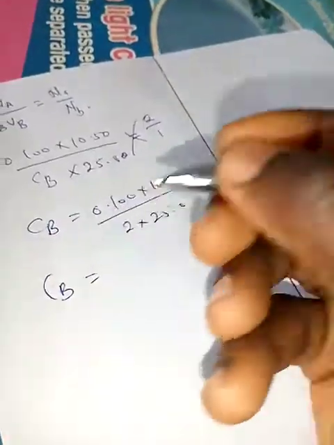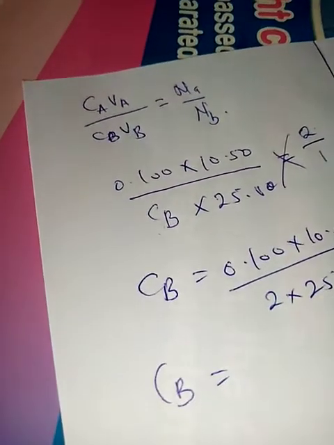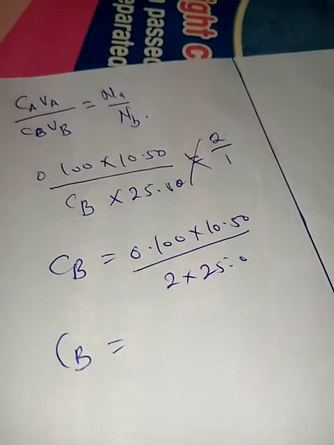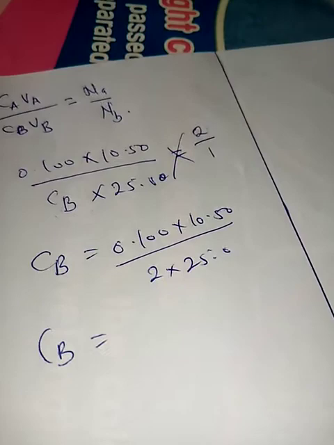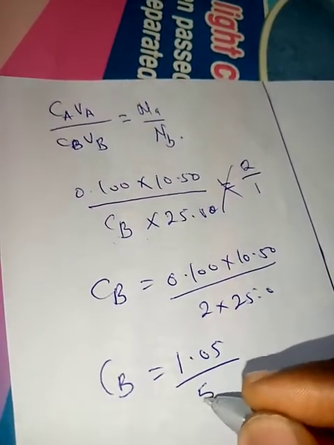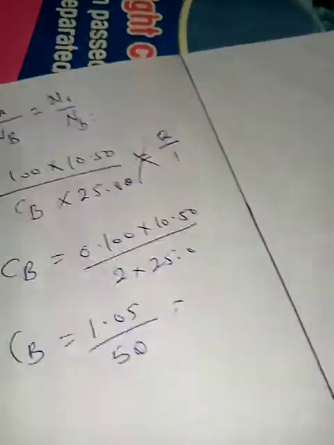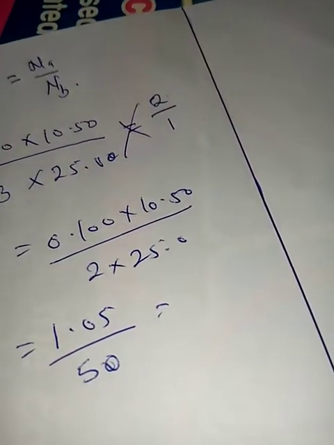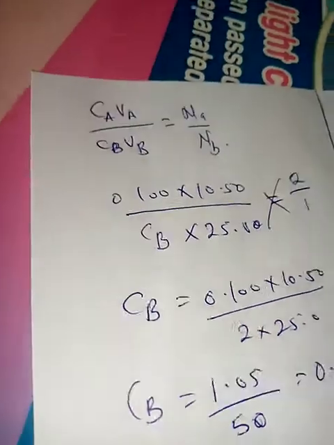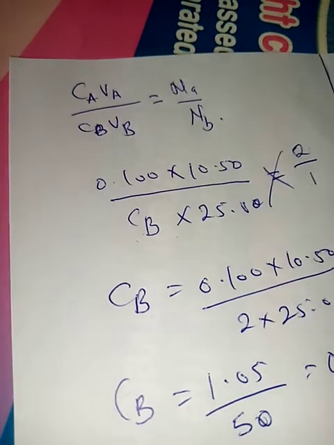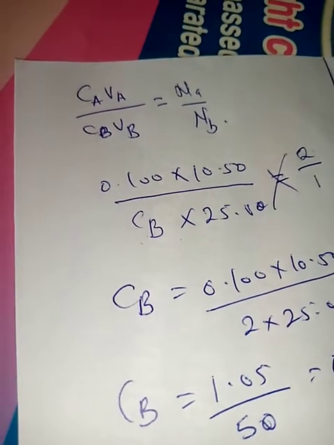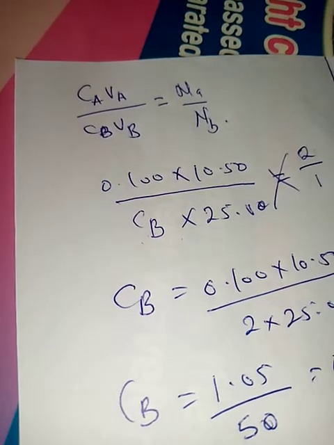So Cb is equal to, if I multiply, 0.100 times 10.50 equals 1.05, divided by 50. 2 times 25 is 50. So divided by 50, that's going to give us 0.021 mole per dm cube.